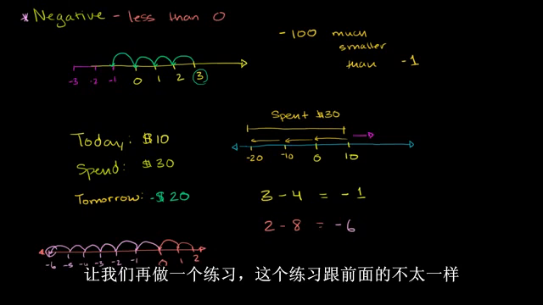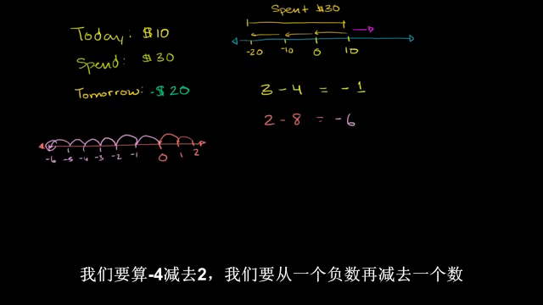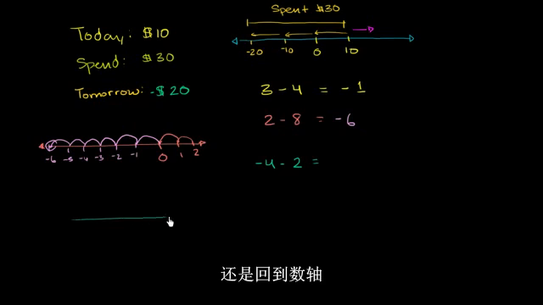Let me do one more example. And this will be a little less conventional for you, but hopefully it will make sense. Let me take negative 4 minus 2. So we're starting at a negative number, and then we're subtracting from that. And if this seems confusing, just remember the number line. So this is 0 right here.